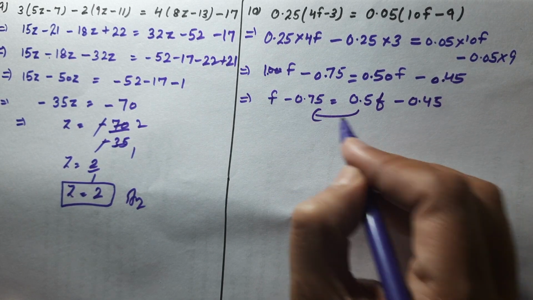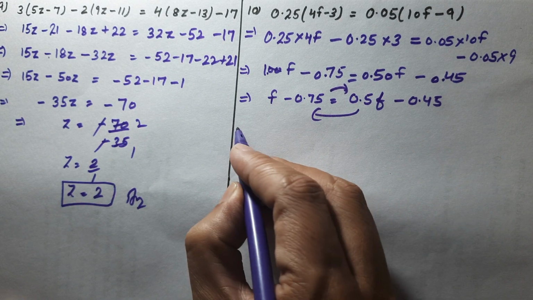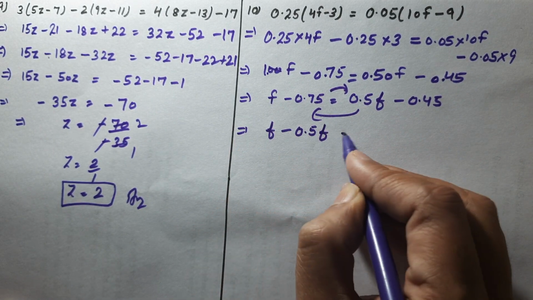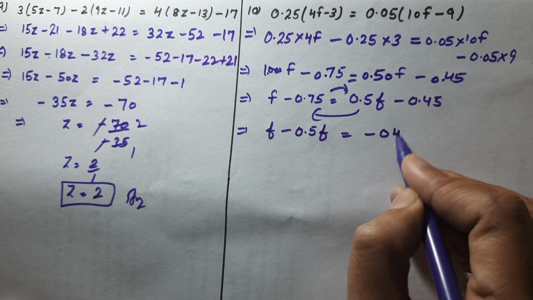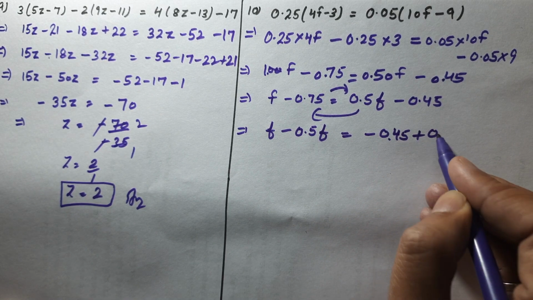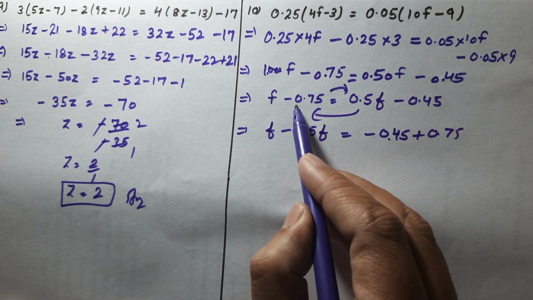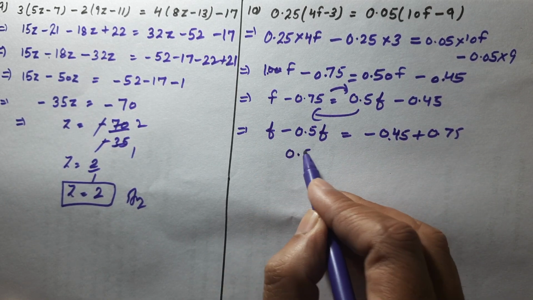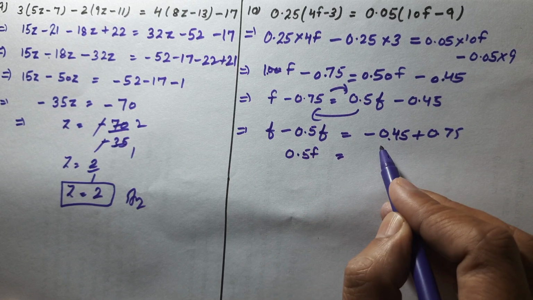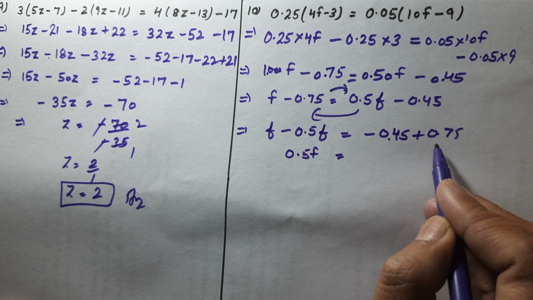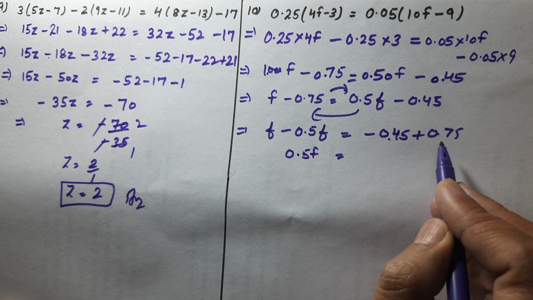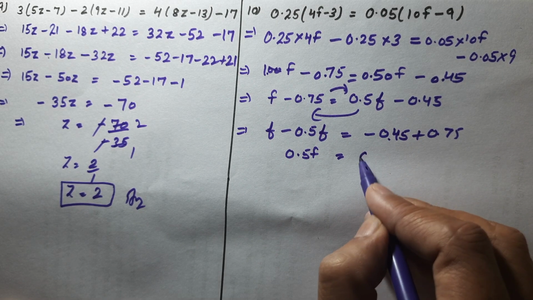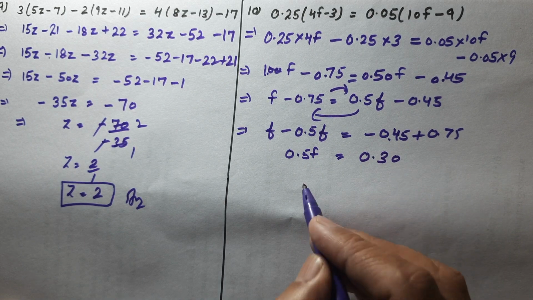Now variable f and constant terms, transposing them. f minus 0.5f is equal to minus 0.45 plus 0.75, because minus will change into plus. Now 1 minus 0.5 will be 0.5f, and minus 0.45 plus 0.75, opposite sign, they will be subtracted. That will be equal to 0.30.